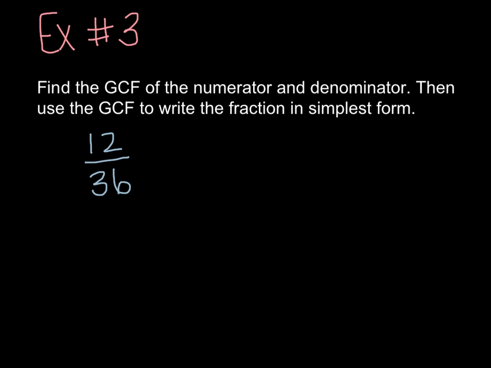Example number 3, they want us to find the greatest common factor again and then use that to divide the fraction so we can get it in simplest form. So let's find the greatest common factor. So we'll do 12, our numerator, first. We have 1 times 12, 2 times 6, and 3 times 4. So I'm going to go ahead and write those out.